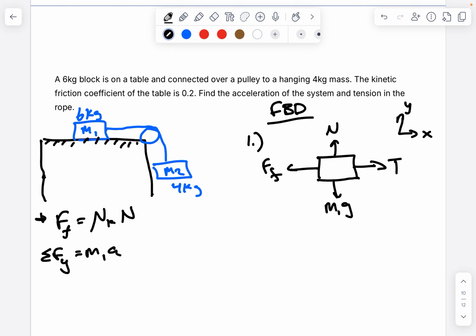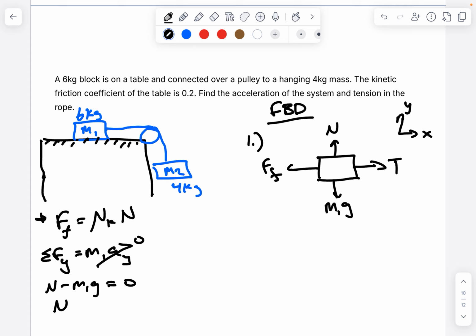M1 times A, but A_y is 0 because the mass is not accelerating up or down. So this whole side becomes 0, and we have positive N minus M1G, because M1G is pointing downward, which is the negative y direction, is equal to 0.